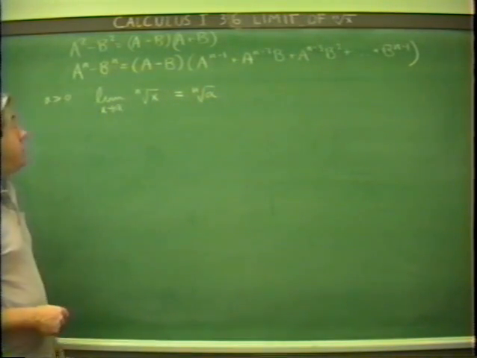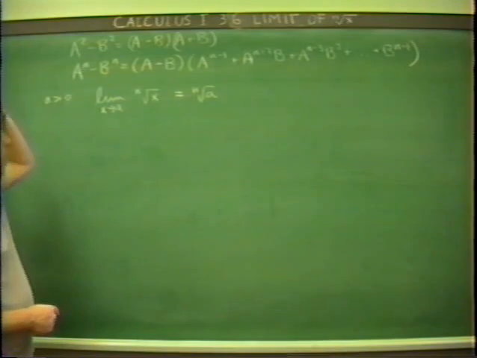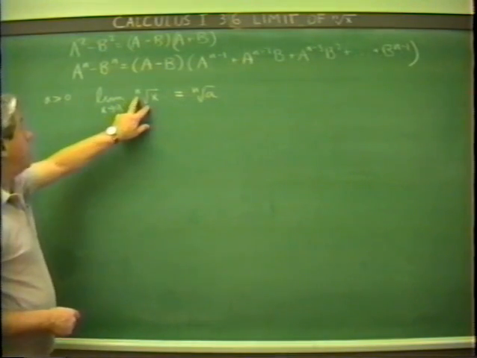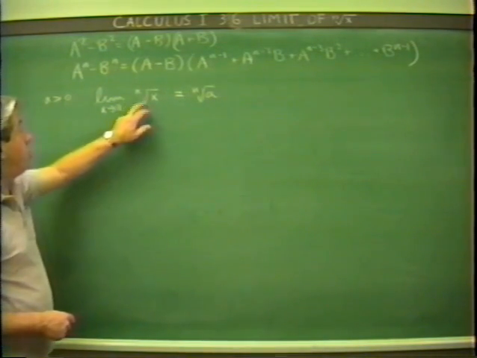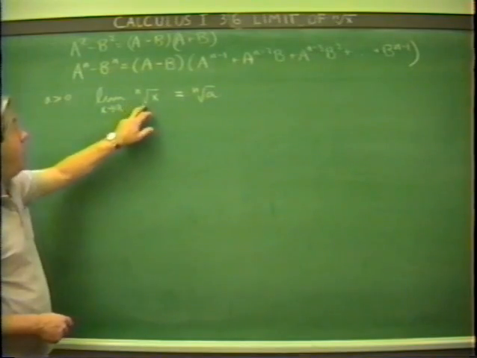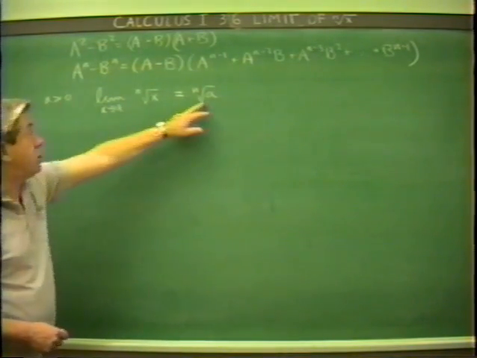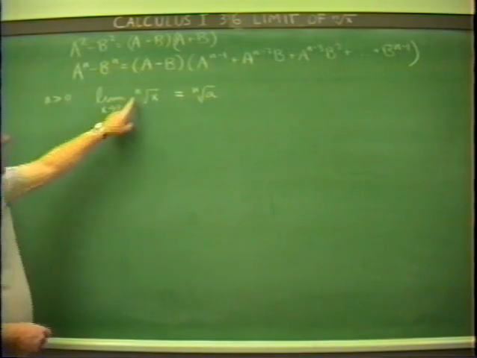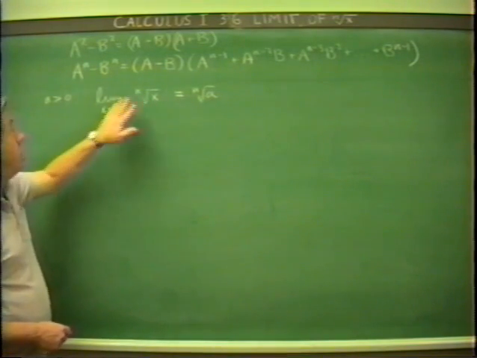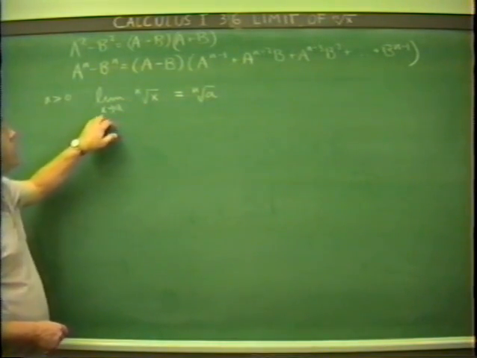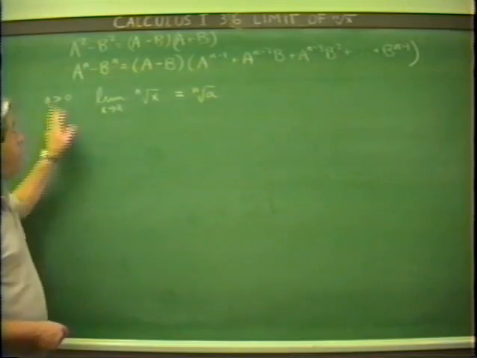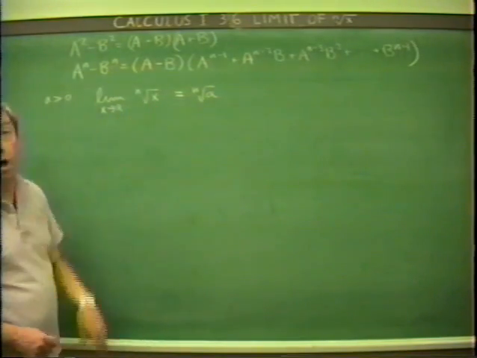We want to keep this small, and we can do this. Recall that we can find a delta so that for 0 less than absolute x minus a less than that delta, this is going to be less than absolute g of x minus m times 1 over absolute g of x times 1 over absolute m.